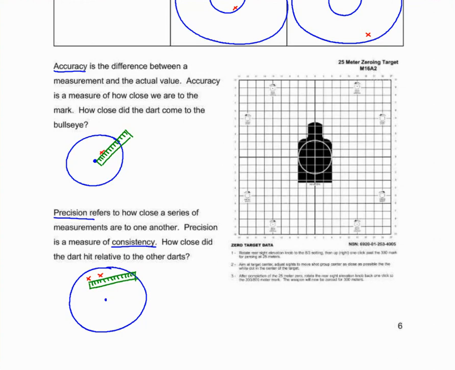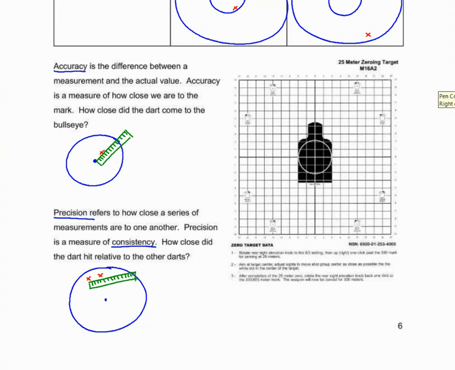So what you do instead is you go to the 25-meter zeroing target first, and you line up your sights perfectly, and you are aiming for this silhouette. You'll put a certain number of rounds down, maybe 3, maybe 5, depends on the unit. Then everybody will stop and you'll all walk down there and mark your targets.